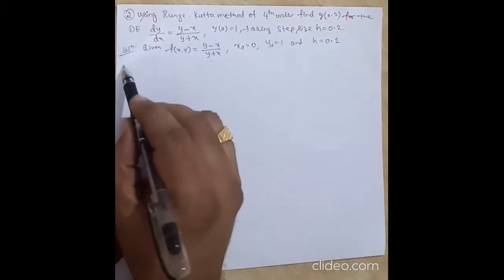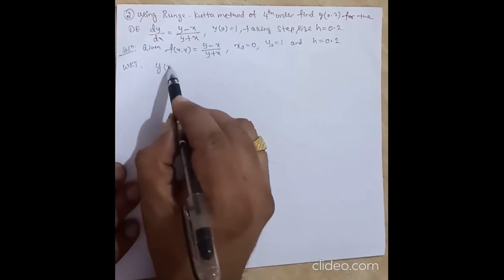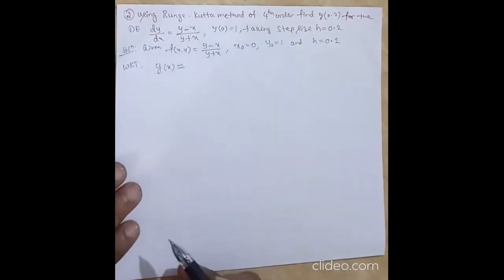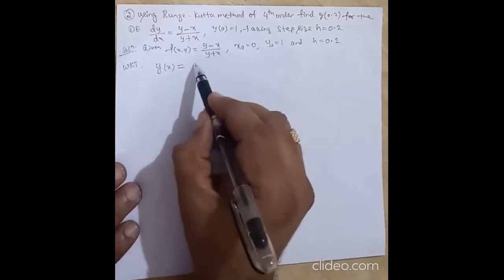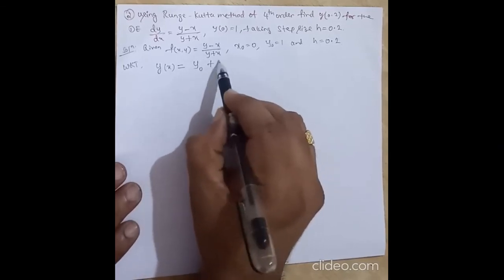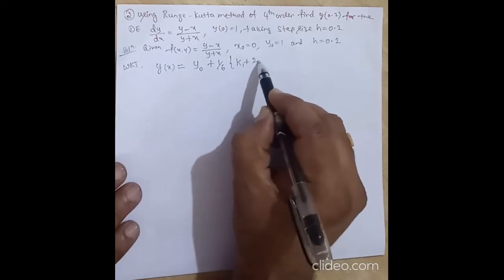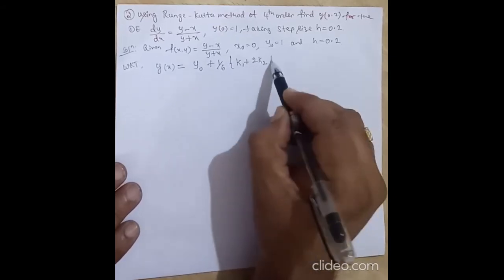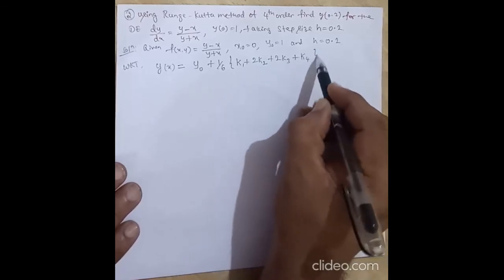Now we know that the approximate solution of an IVP in case of the fourth order Runge-Kutta method can be calculated by a formula y of x equals, it is y naught plus 1 by 6 into k1 plus 2 k2 plus 2 k3 plus k4.